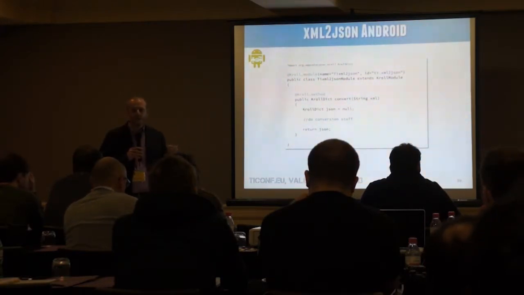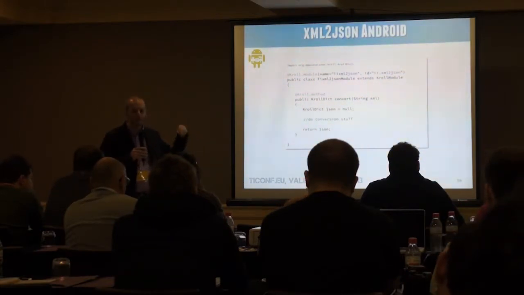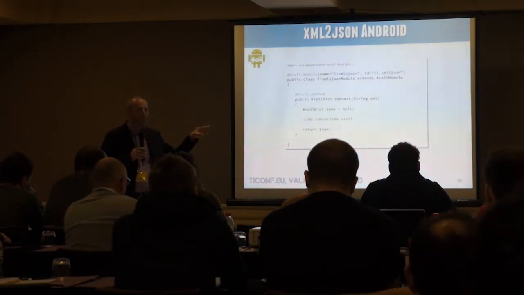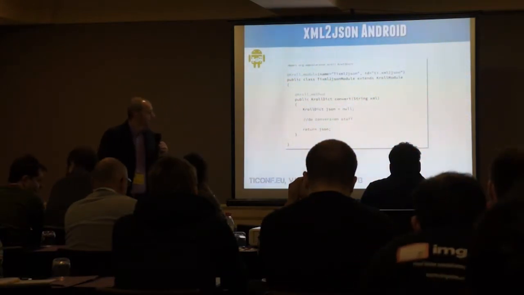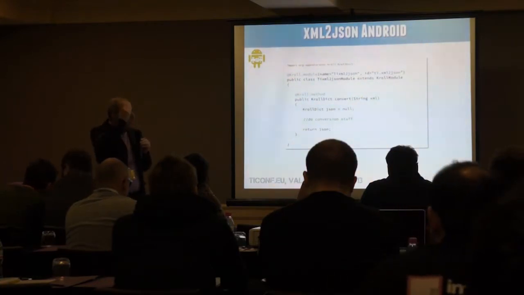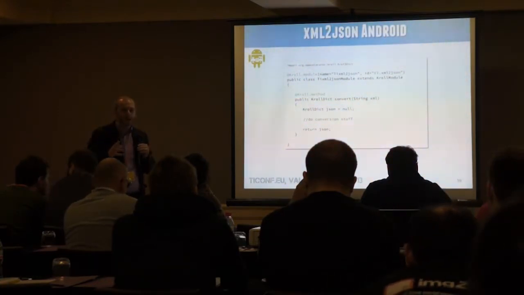On the iOS part, we are defining that in a generic way. Here we can actually tell what kind of argument we are expecting. So we say we want a string and we will return a dictionary object.